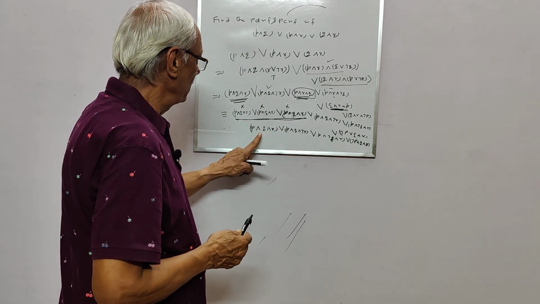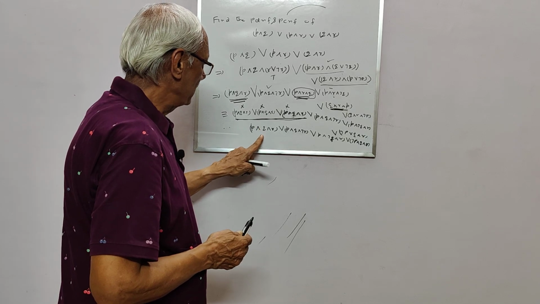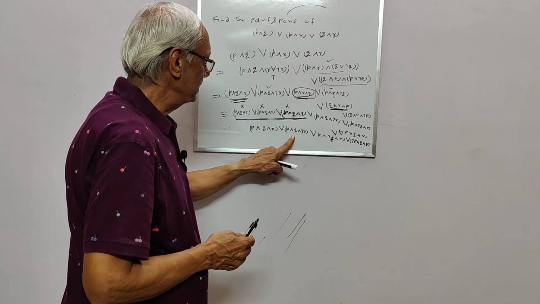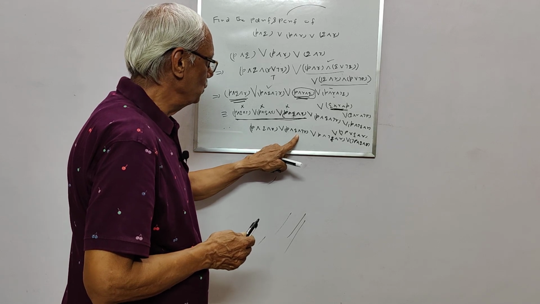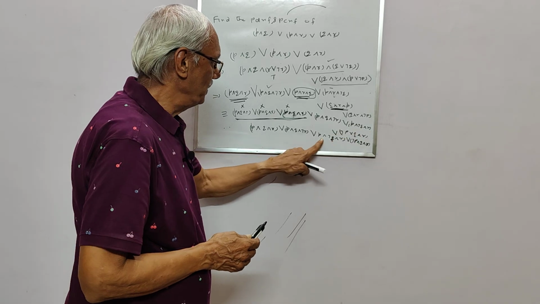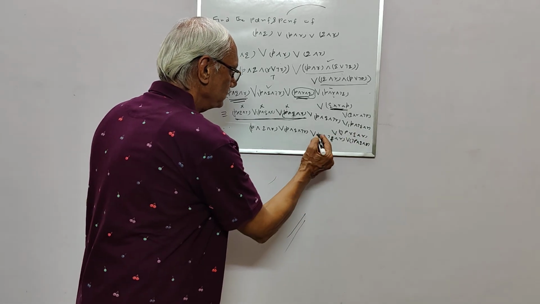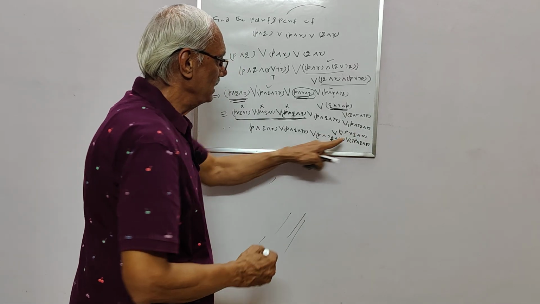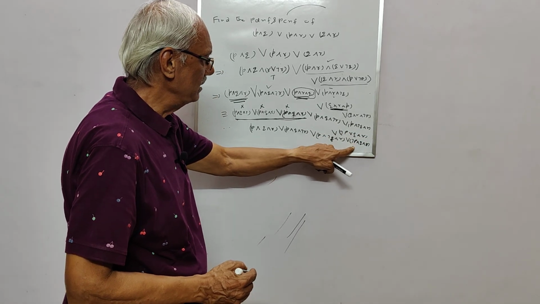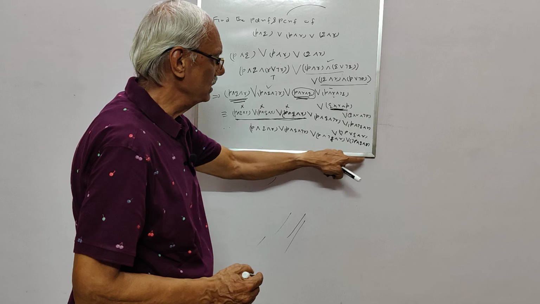For all the three, you write P conjunction Q conjunction R. Then the next term is P conjunction Q conjunction negation R. The next one is P conjunction negation Q conjunction R, and the last one is negation P conjunction Q conjunction R.